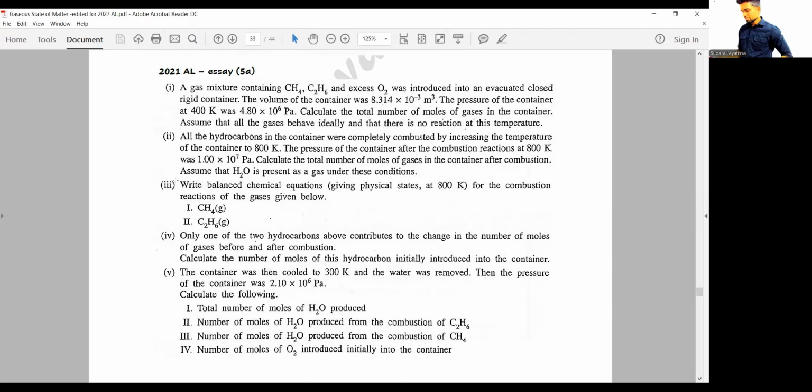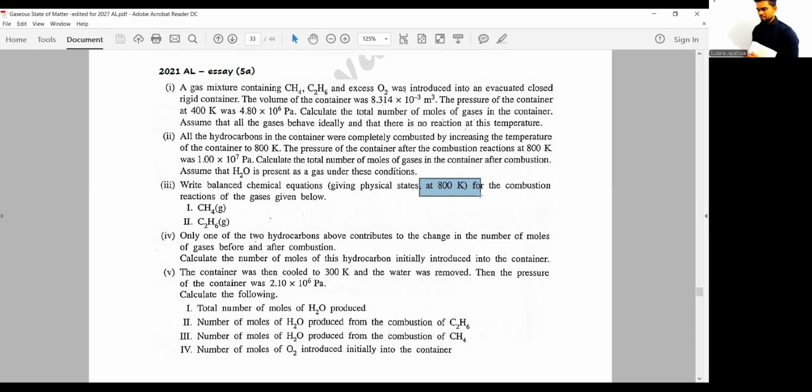Understood? 100 Celsius means 373 Kelvin. Here it is 800 Kelvin. So obviously water is a gas. That's why they have said it. So underline or highlight this 800 Kelvin and write H2O gas. That's why they have given that data.